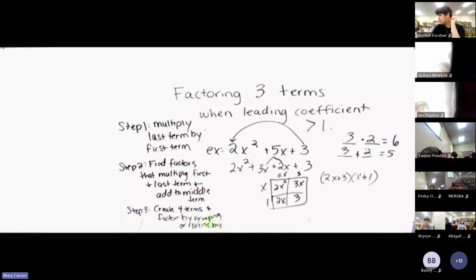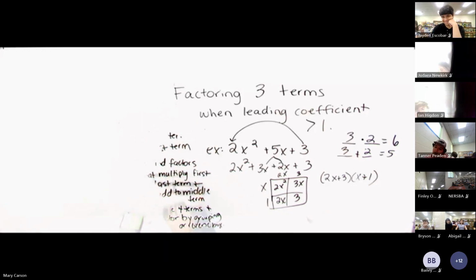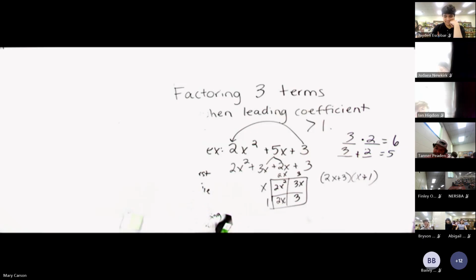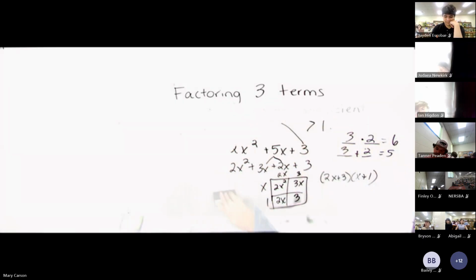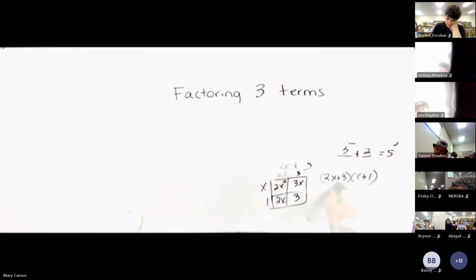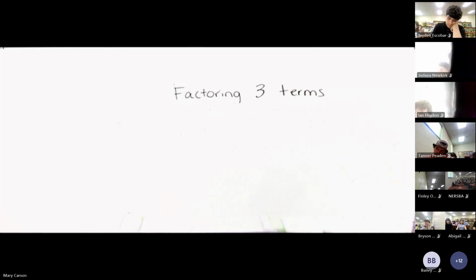All right, so let's try 3. We're going to do some more examples of this. Everybody got all this down now? All right. All right, let's try this one.